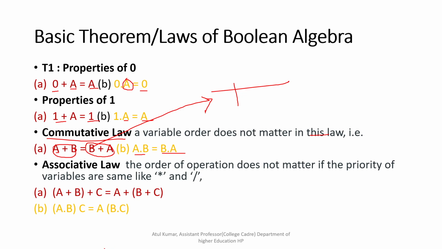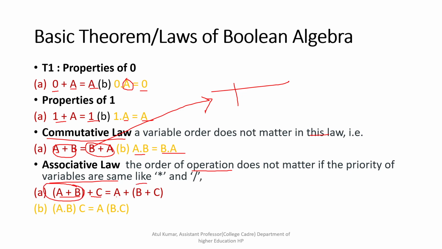The next important law in Boolean algebra is the associative law. In the associative law, the order of operations doesn't matter if the priority of the variables is the same. This law says (a plus b) plus c is equal to a plus (b plus c).